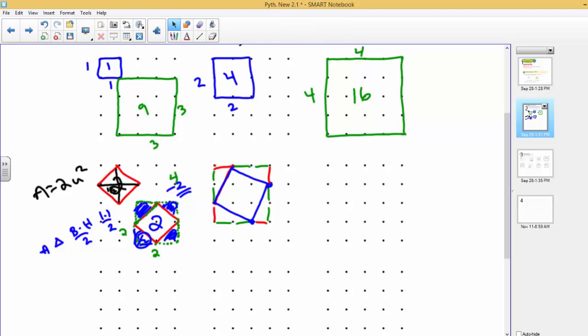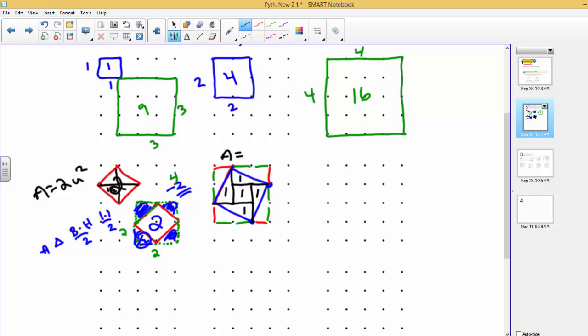Now there's 2 ways to find the area of this square. One is to break up the inside. So these triangles are a 1 by 2. So each of these triangles that are a 1 by 2, 1 times 2 is 2, divided by 2 is 1. So the area is 1. And the square in the middle has an area of 1.